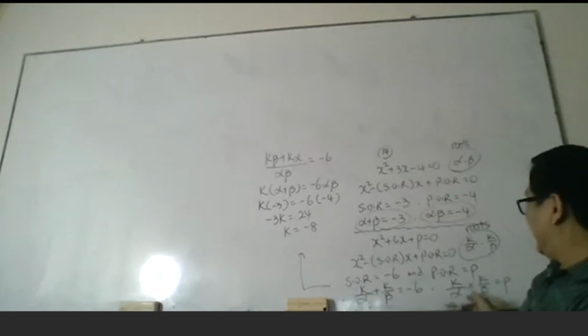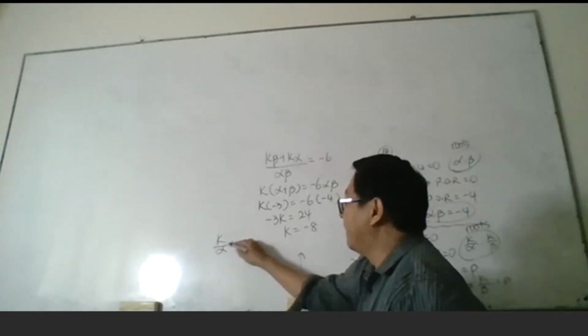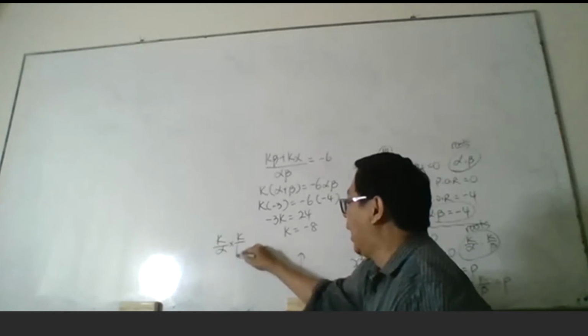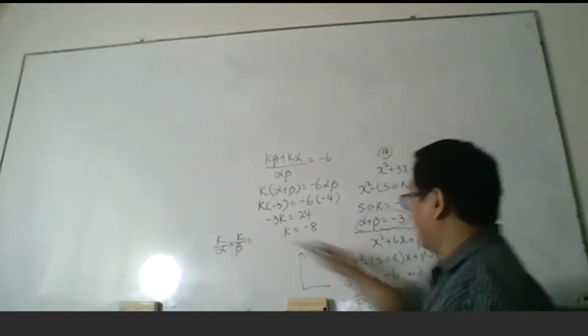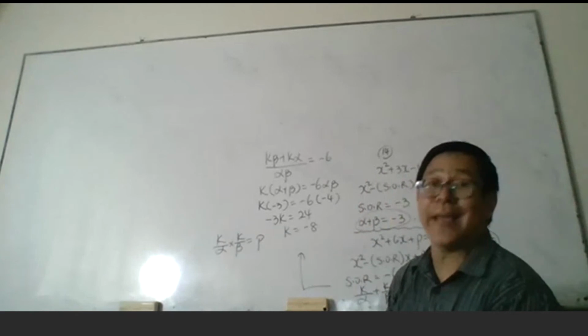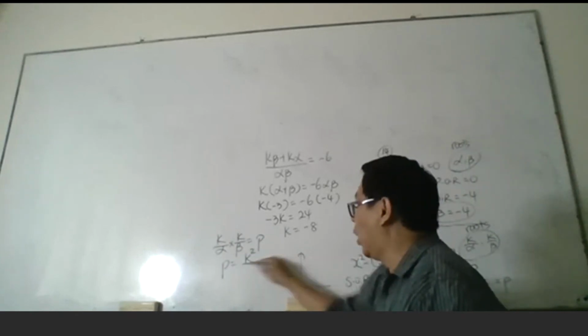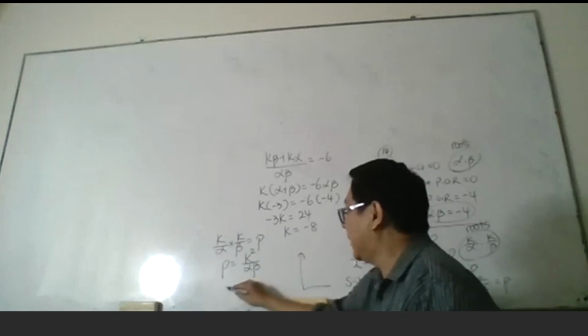What about the other one? So k over alpha multiplied by k over beta, you get p. So k times k, you get k squared, so p will be k squared over alpha beta.